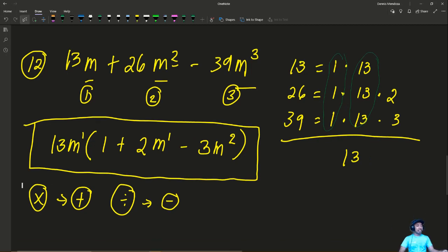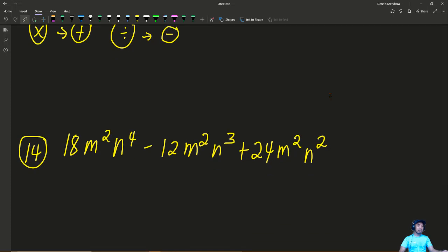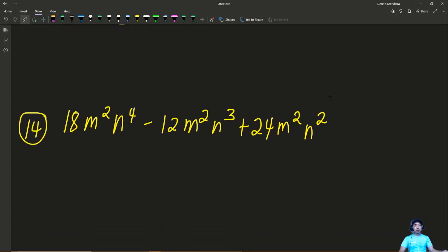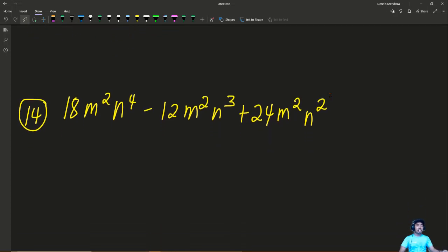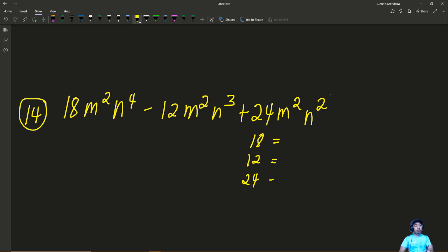Last, and probably this is the most confusing among all. Okay, so we have 18, 12, and 24. So basically, all you need to master in knowing the greatest common monomial factor is finding the prime factors of each number that we are given. Okay, for 18, remember there is always 1.